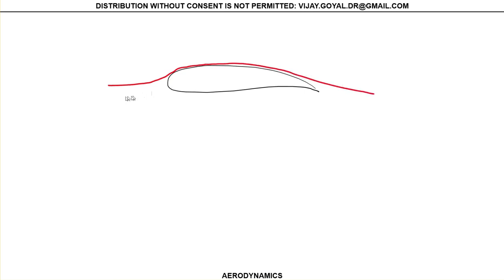So let's go back to our airfoil. And what we're going to assume now is, you're going to have a stream that's coming here. It's probably going to do something like this.